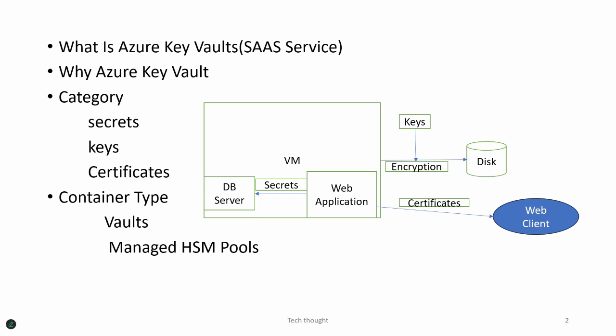The second thing is why we are selecting Azure Key Vault. Azure Key Vault is mainly used to keep the secrets, keys and security information for the application. It's stored in the Azure Key Vault. There are multiple advantages of using it. One is we can store the secret information in a centralized place, which we can access from multiple applications.